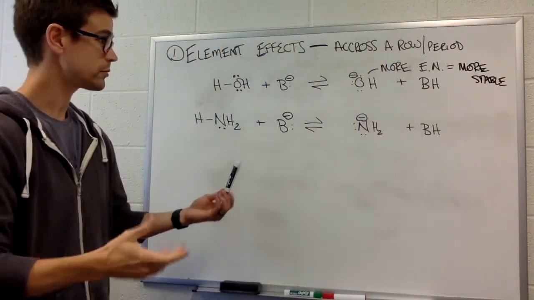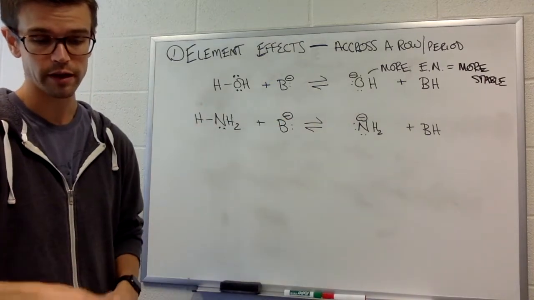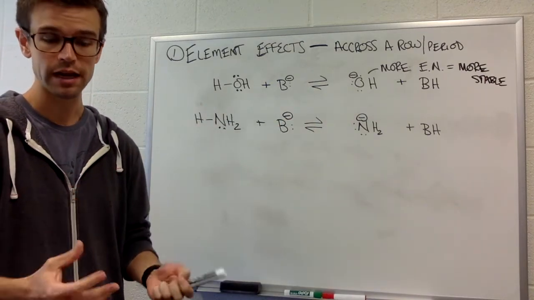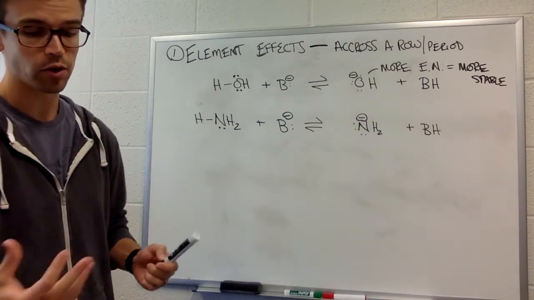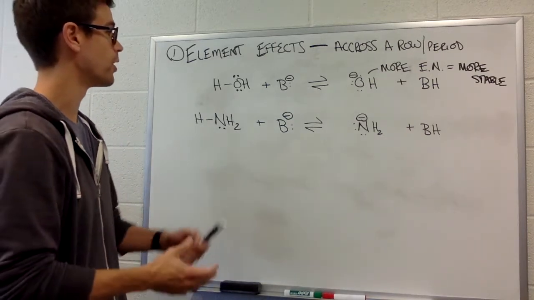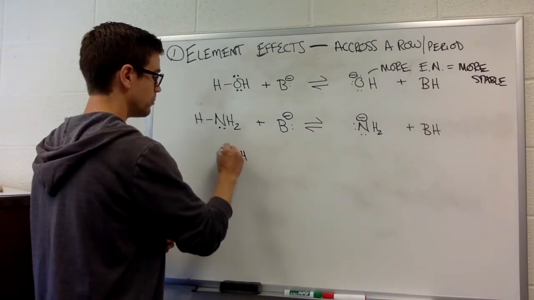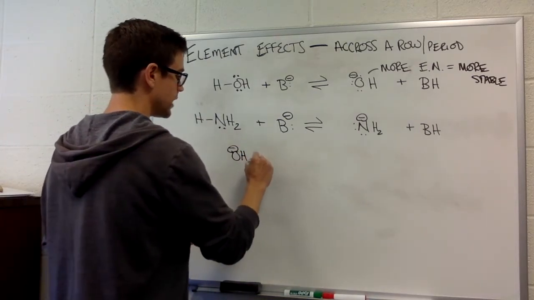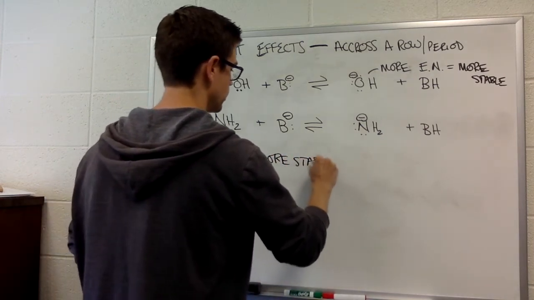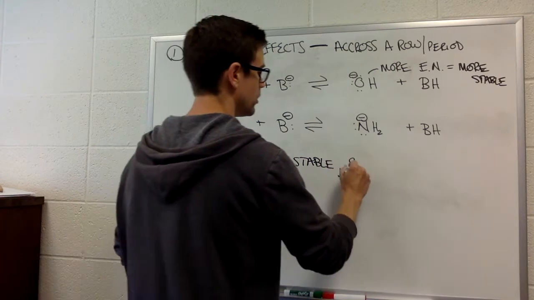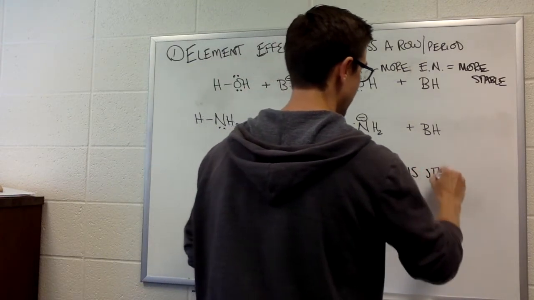So because it is more stable, the third point of how we qualitatively compare acid strength is that the more stable conjugate base came from the more acidic acid. So OH minus is more stable, so H2O is a stronger acid.